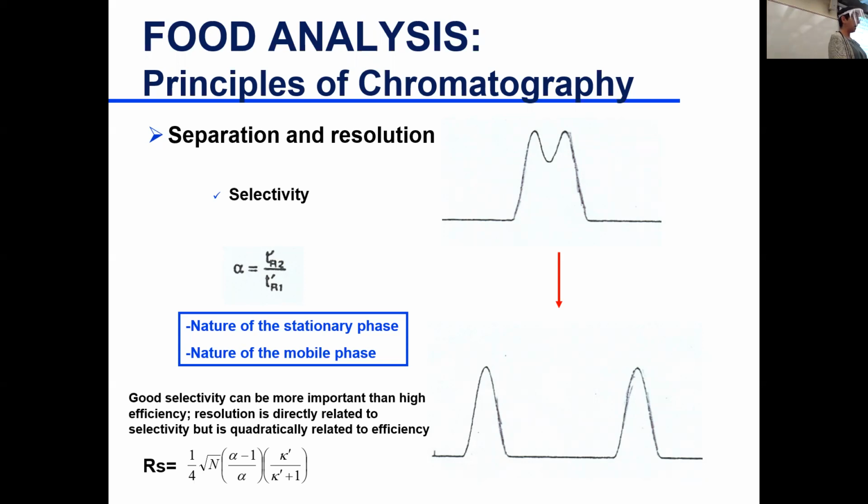So they are interacting with the column very similarly. So when they're moving down the column, they're not separating very well. So you can change the selectivity by changing the stationary phase, but sometimes the nature of the mobile phase.